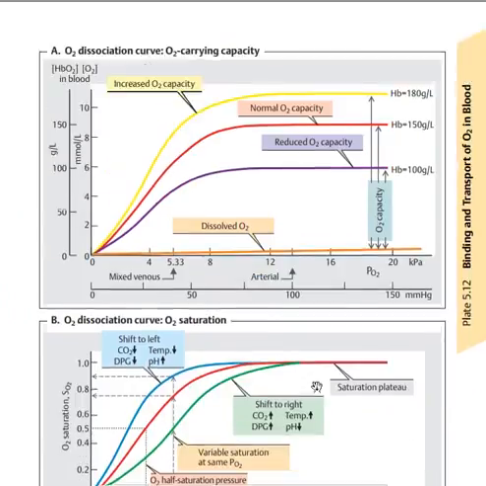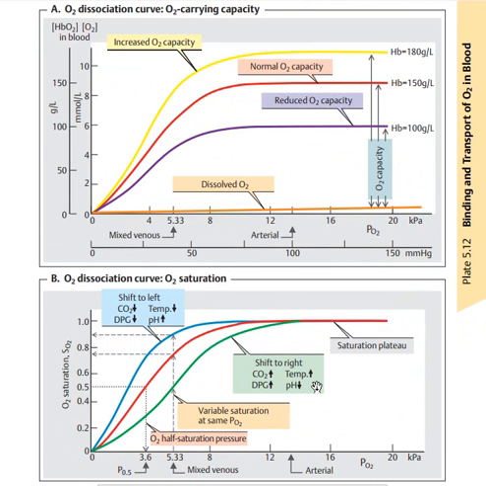So now the next point to visualize here is going to be the oxygen dissociation curve. So we have the oxygen dissociation curve with respect to oxygen carrying capacity. So let's measure. When we have the concentration of oxygen in blood, these are the different concentrations of oxygen in blood. Here, let's say that you have 150 grams per liter of hemoglobin.